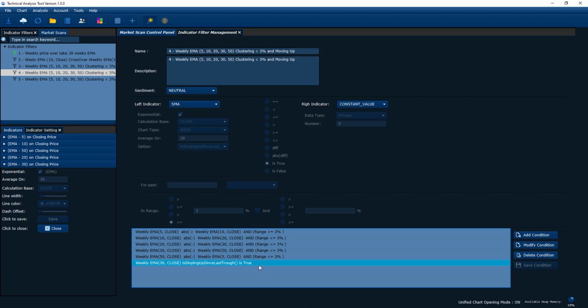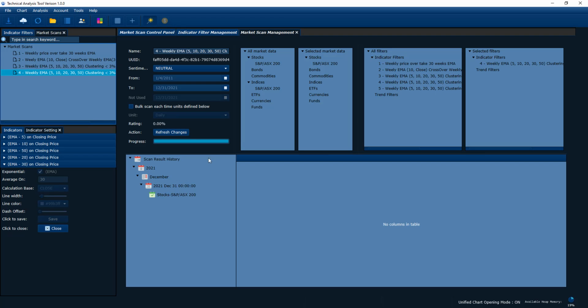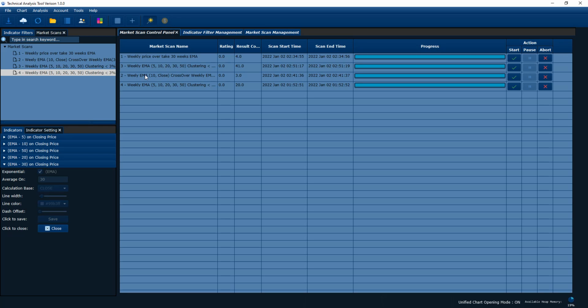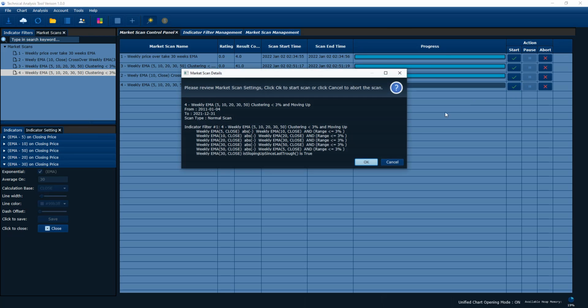If we add this one, obviously you won't get as many results as the previous one. Let's see what we can get from the market scan for the fourth one. Okay, yes, we run the fourth one. The previous one had 40 something. So here you go, the last one.